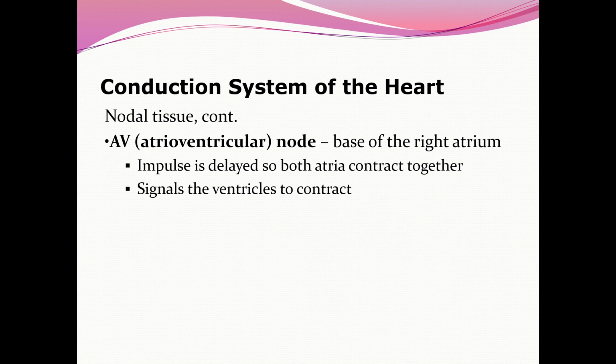The next node is the AV, or atrioventricular node. It is located at the base of the right atrium. The impulse here is delayed so that both the atria will contract together, and it signals the ventricles to contract.